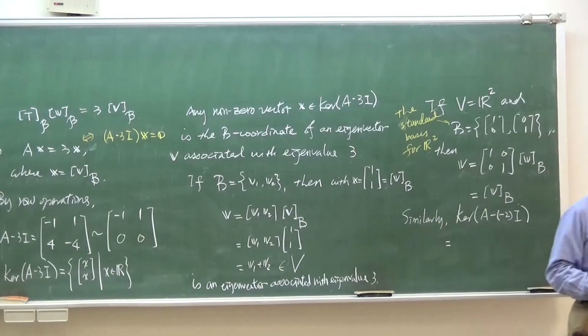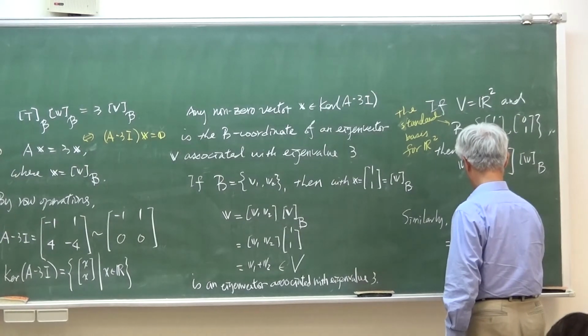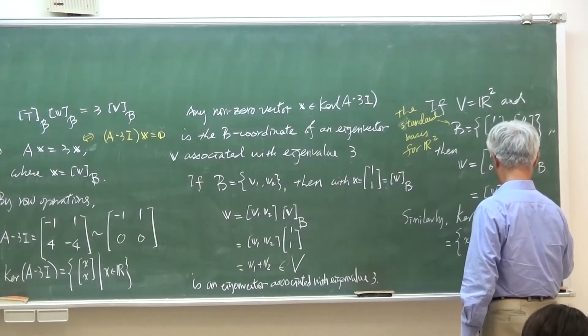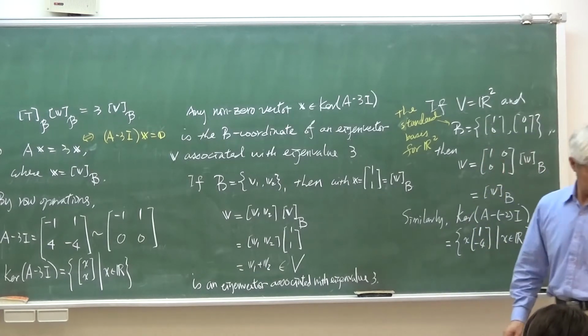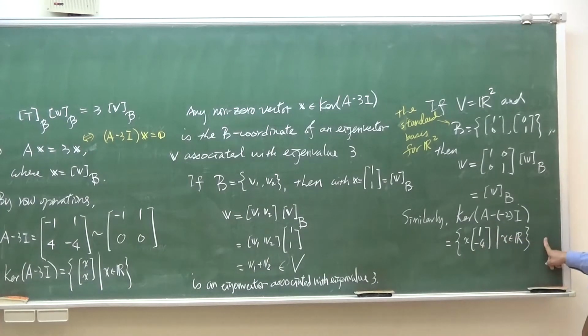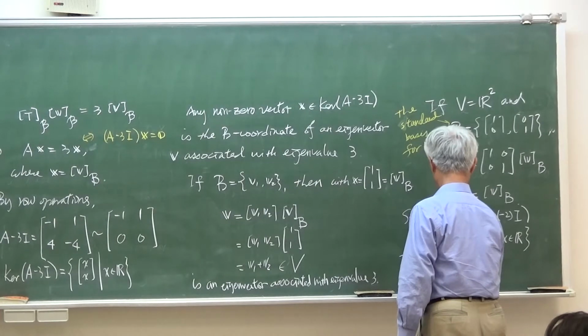So we find that it is a scalar multiple of 1, minus 4. So that's 1, minus 4.